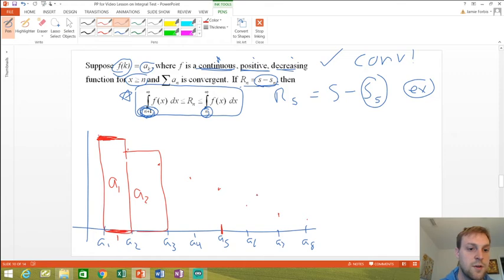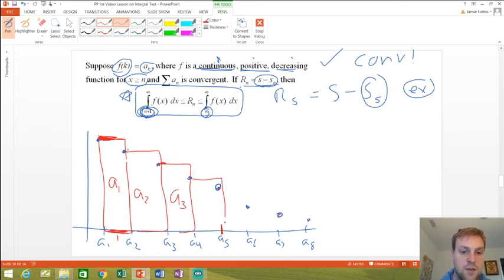I'm going to use a different color to talk about these points. And then the value of a sub 3 would be the same as this right here.